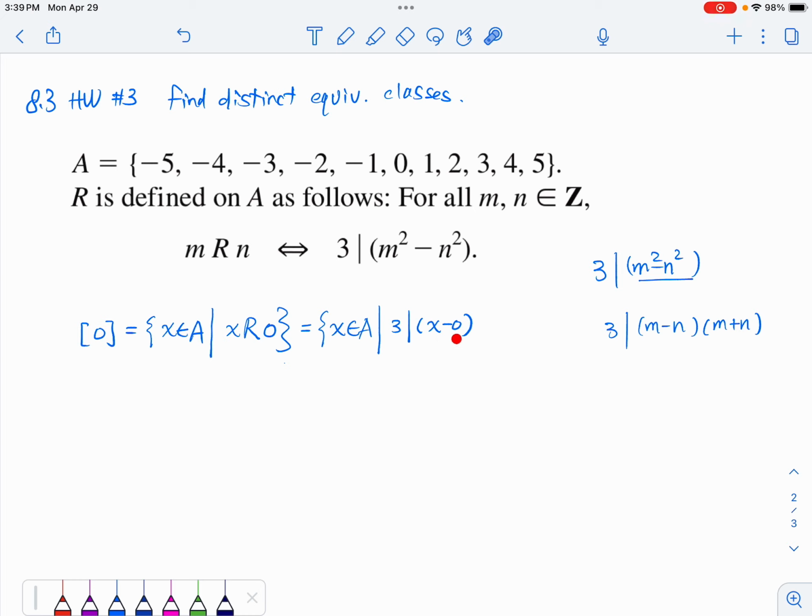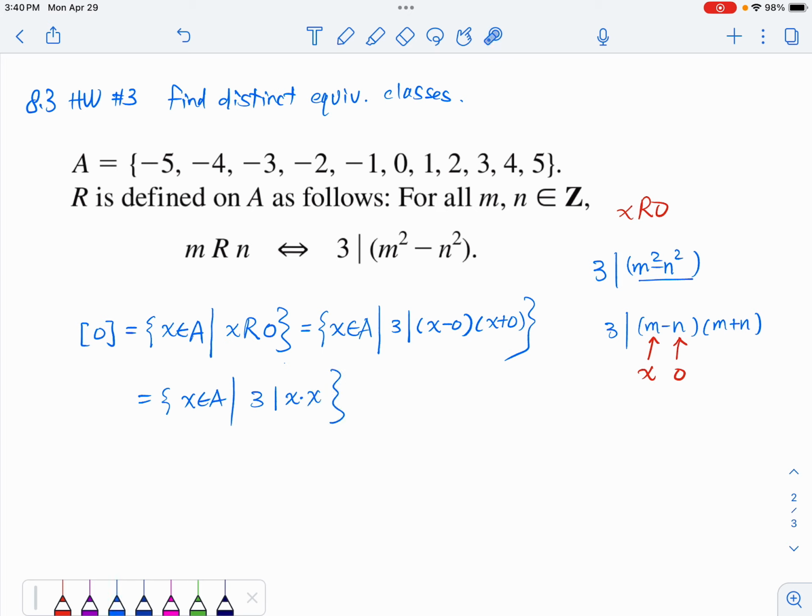So hopefully you recognize that x related to 0 means this. Now, x minus 0 times x plus 0 is just x times x. So this is the same as saying 3 divides x times x.